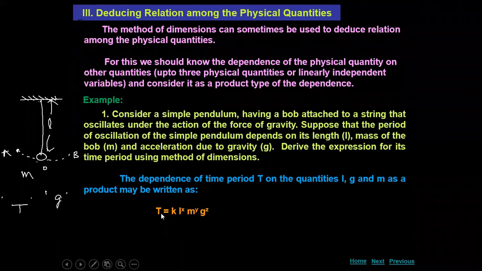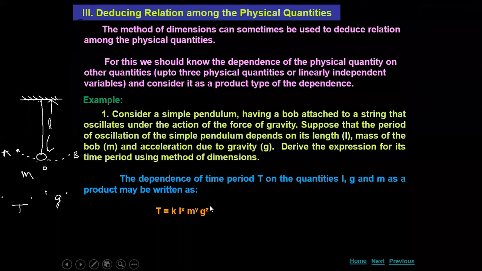Now we know this time period is nothing but time as per our fundamental physical quantities. L is nothing but length, M is nothing but mass, also a fundamental physical quantity. G is acceleration due to gravity, nothing but acceleration, whose dimensional formula we already derived in the previous classes.